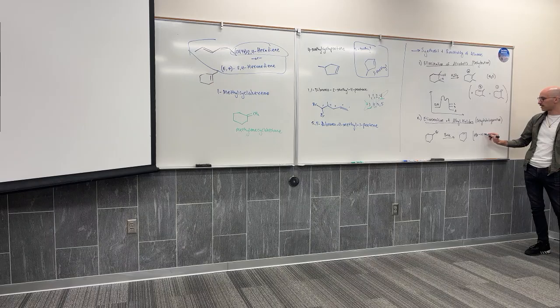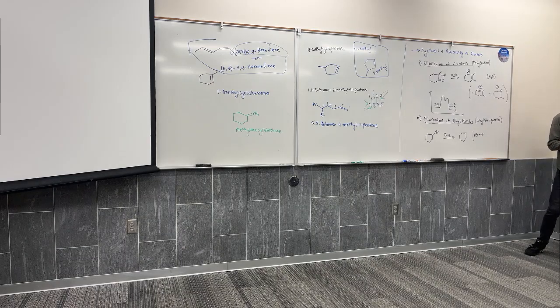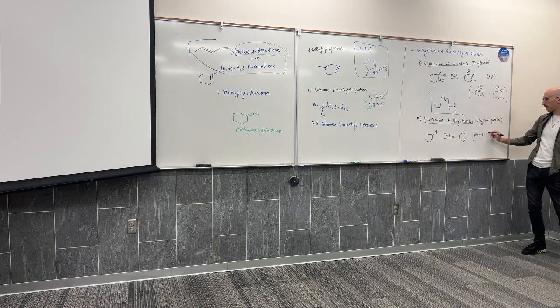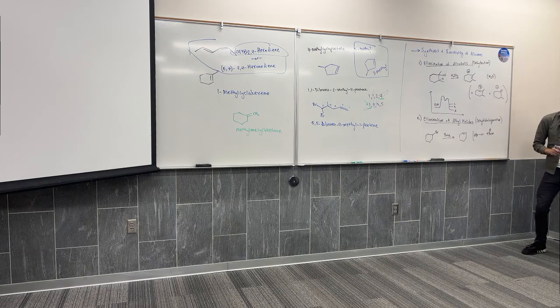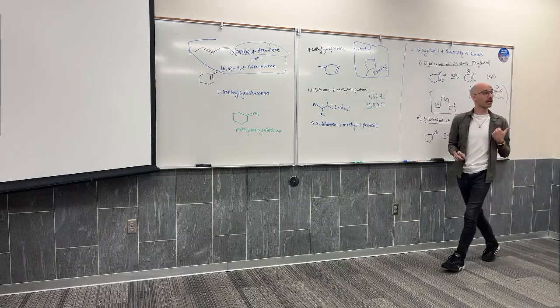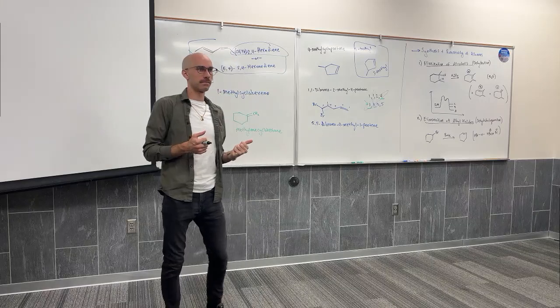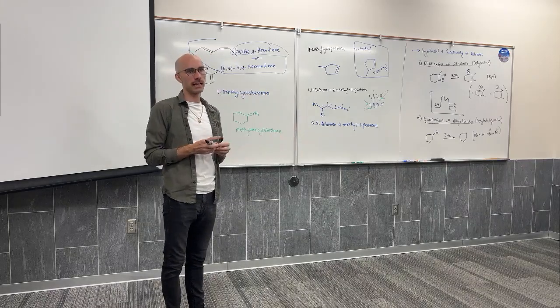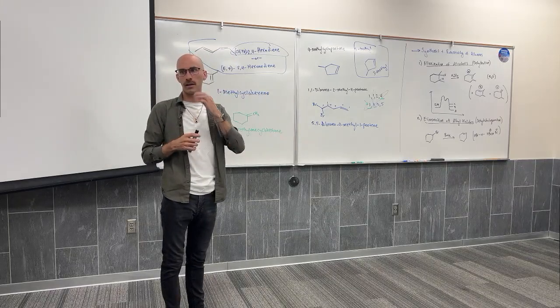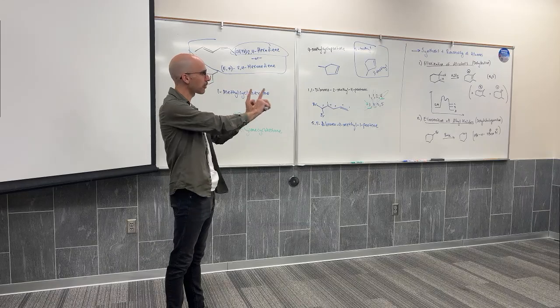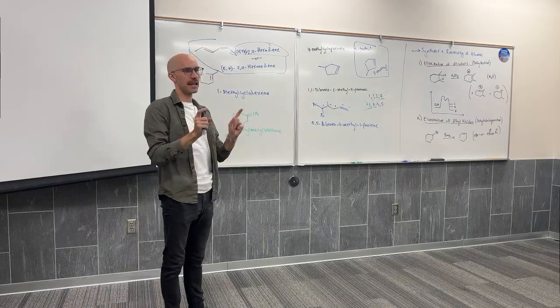So here it would actually be better to say that the product is HB plus balanced by Br minus. The base has become a conjugate acid, HB plus. And the bromide is just acting as a counter ion. But either way you show it, it shows that the H and the Br have been removed.